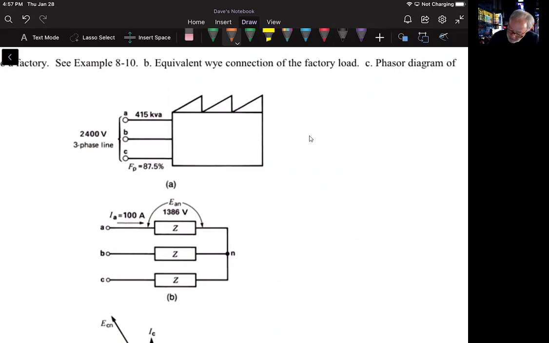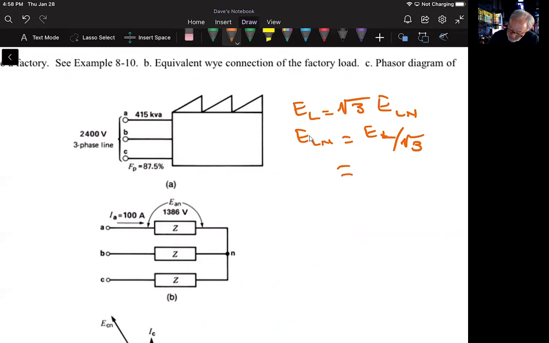He suggests that we begin to work this problem by determining what the particular branch voltage is. We can get that because we know E sub L is equal to the square root of 3 times the line to neutral voltage. Line to neutral voltage would be the line voltage divided by square root of 3.